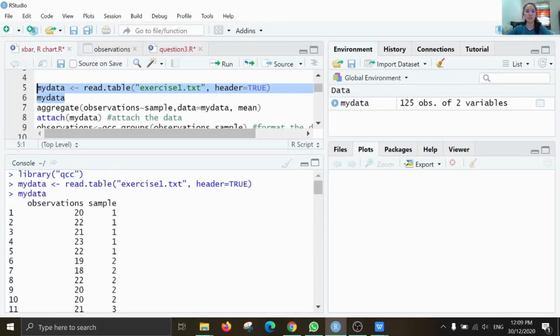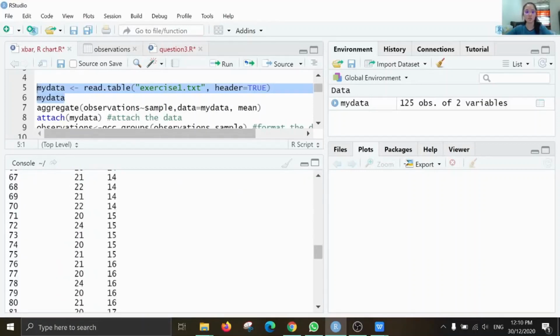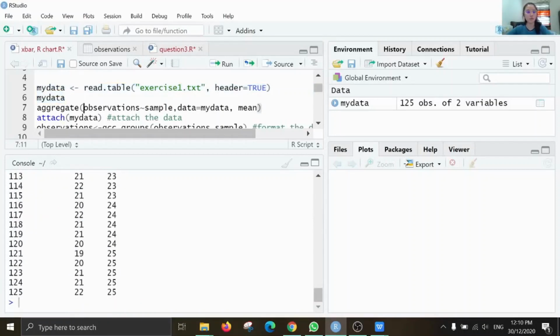In this case, I enter the observations one by one, and as you see, 1 to 5 are the observations from sample 1, and 6 to 10 are the observations for sample number 2, and so on. Now we need to find the average observations for each sample.